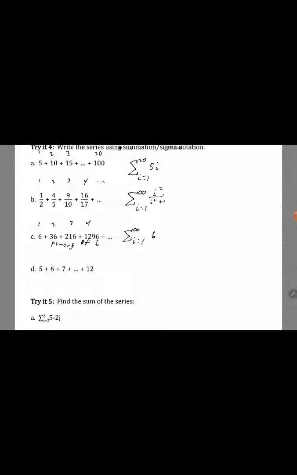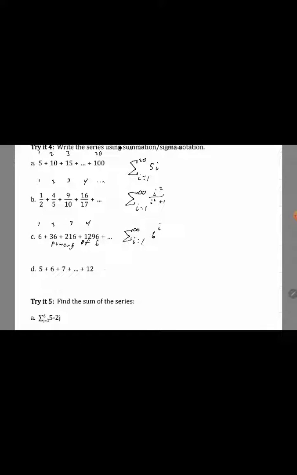Instead of n, we use the letter i for sigma notation. Why? I don't know. It's just the letter they want to use for a different thing. Well, they use i as index, I guess. That's why. But this one is a little bit easier to see. I plug in 1, I'll get 6. Plug in 2, I'll get 6 squared. Plug in 3, I'll get 6 cubed, and so on and so forth.